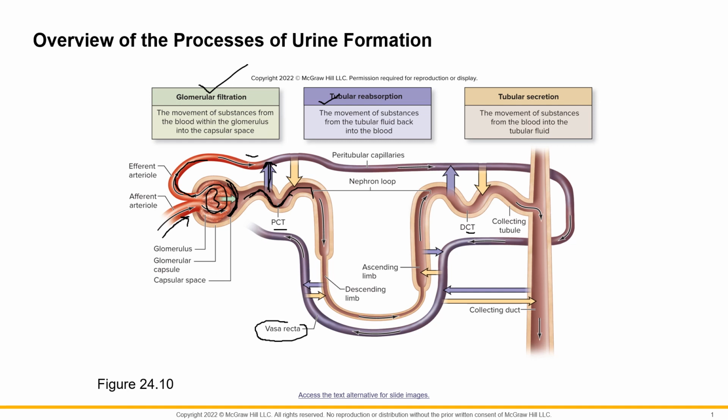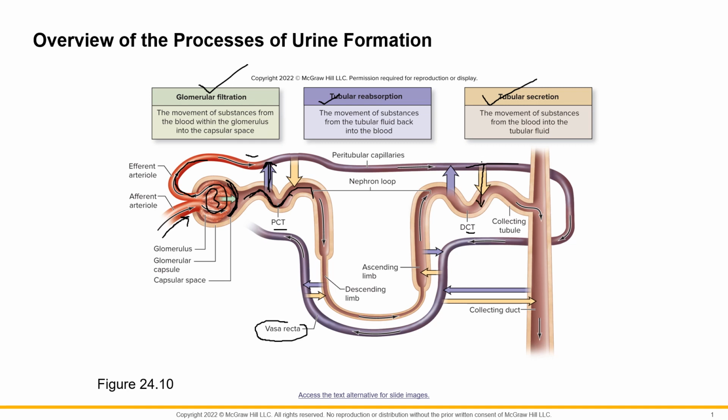Now there are wastes that don't get caught in the glomerulus. So the filtrate that is flowing through the proximal and distal convoluted tubules still has waste products, and that could include excess solutes. So that component of urine formation is called tubular secretion. So tubular secretion is when solutes go from the blood capillary and into either the proximal or the distal tubule.